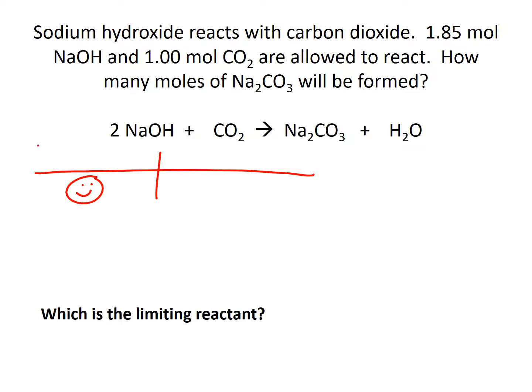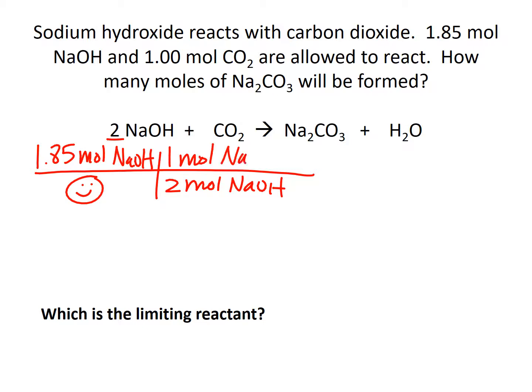Let's first start with sodium hydroxide, 1.85 moles of NaOH. If I look at the stoichiometric coefficients, I see that there are 2 moles of NaOH for every 1 mole of sodium carbonate. So 1.85 moles of sodium hydroxide will produce 0.925 moles.